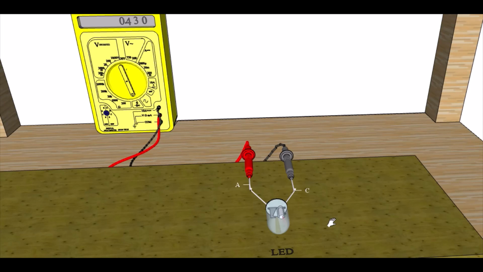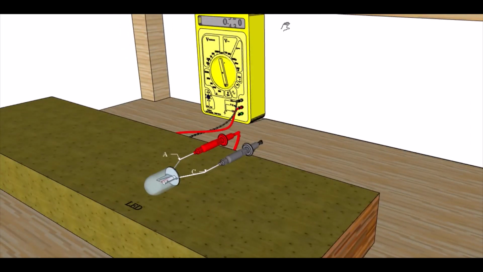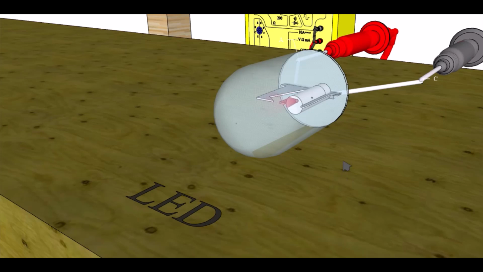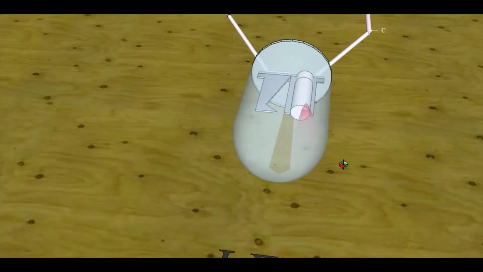So here we can see that we have got the value on the display less than 0. So it is forward bias, it emits light. So we can see that it has emitted light. LED will emit light when it is forward bias, so it glows.